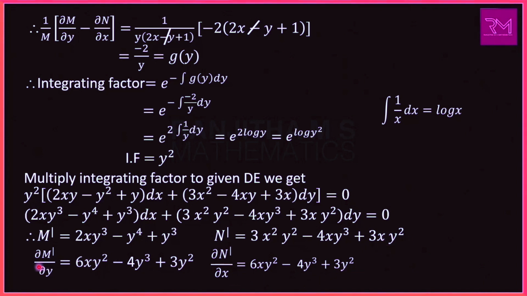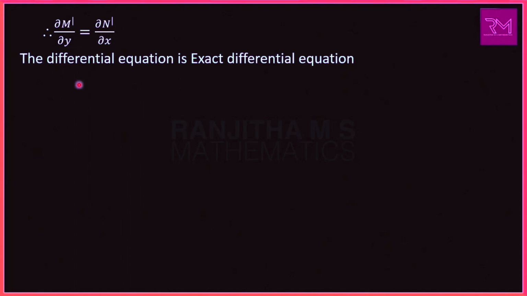Observe carefully, del M dash by del y is 6xy square minus 4y cube plus 3y square. Del N dash by del x is 6xy square minus 4y cube plus 3y square. Both are the same. Therefore, del M dash by del y is equal to del N dash by del x. This shows that the differential equation is an exact differential equation.